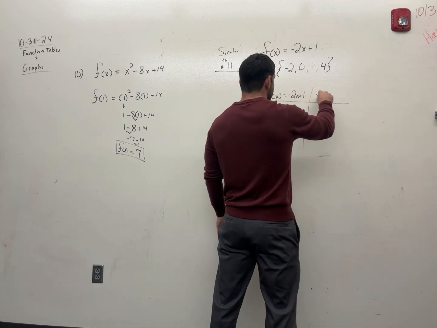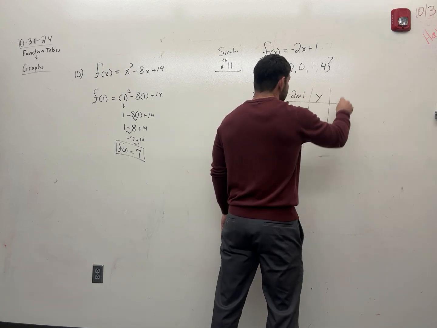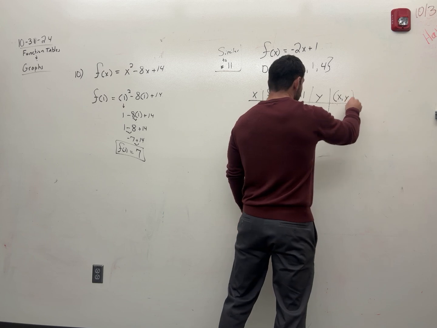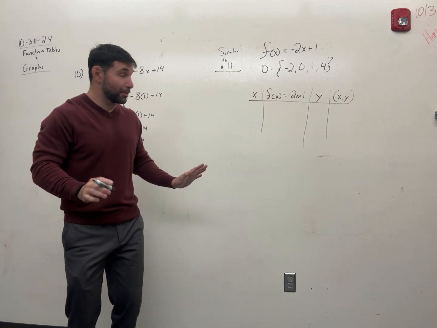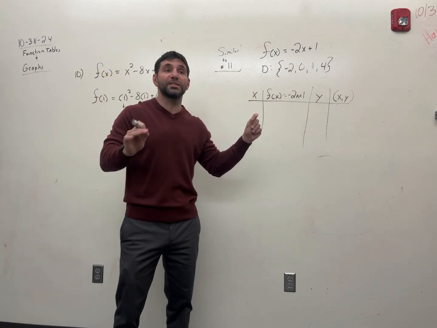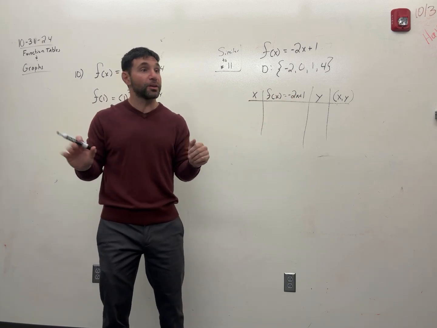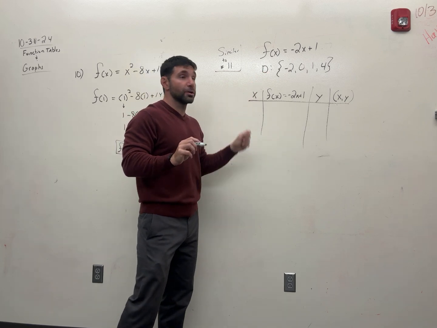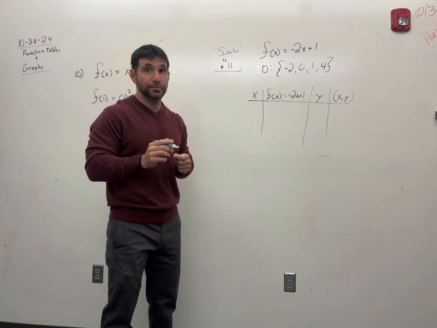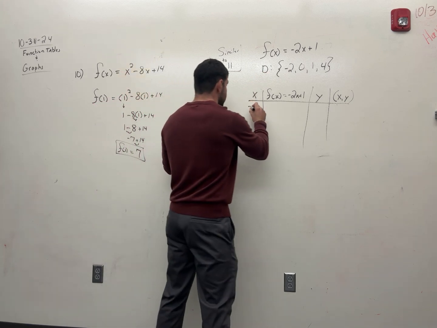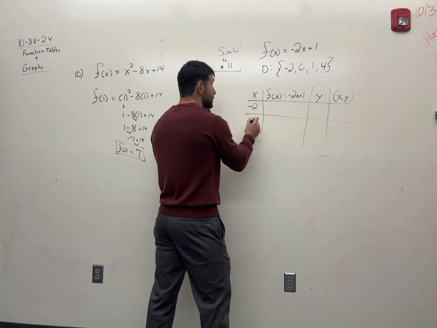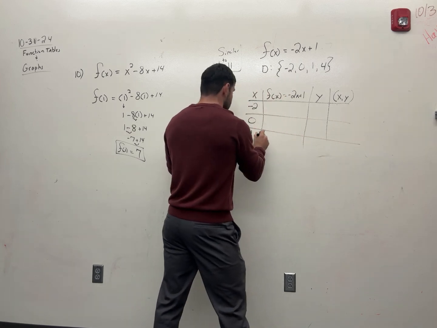I have my y, and then I have my x comma y. Everybody with me? Even though there's no y, what's the y? When we solve it, it's going to be the y. So just bear with me, okay? What numbers go in for x? Negative 2. What else? 0. What else? 1, 4.